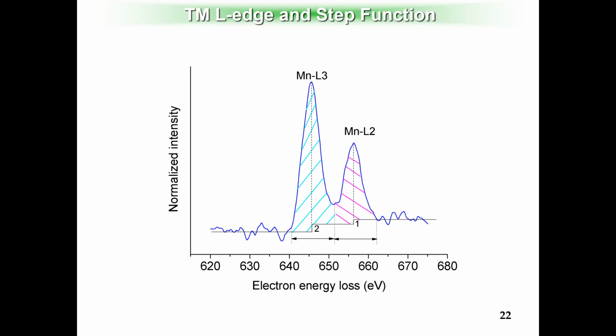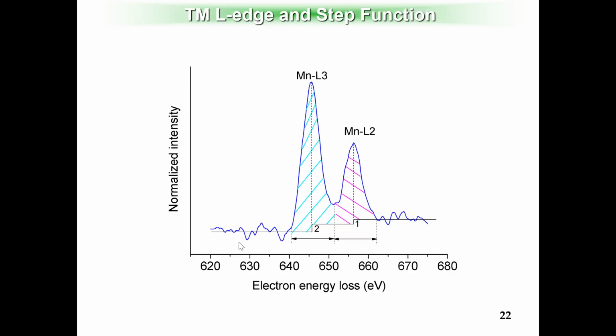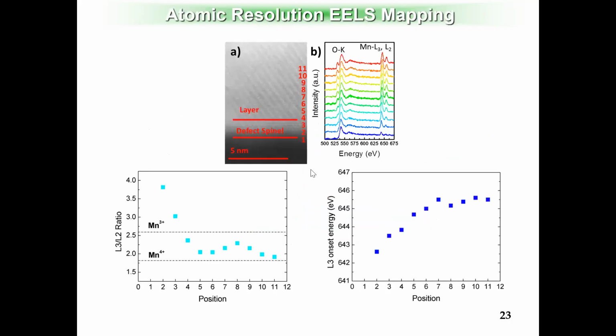After the background subtraction, you do a mathematical divide of L3 over L2, and that will be the intensity ratio I mentioned on the y-axis, and then you can further quantify how many d electrons are at that transition metal and what the oxidation state is, right?